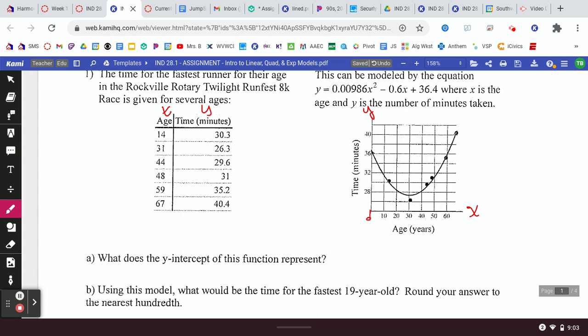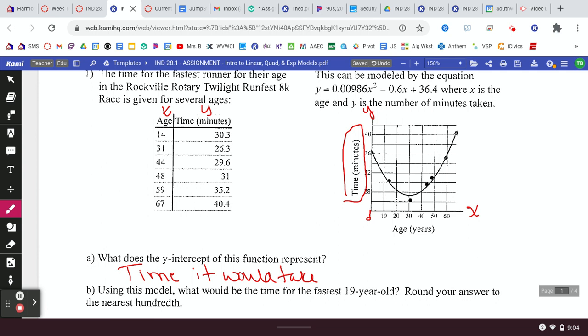So even though it's not a realistic answer, what the y-intercept represents here is the time it would take a newborn, right? A 0-aged person. If you want to put a newborn, if you want to put a 0-age person, it doesn't matter. But the y-intercept represents the time. We know y-intercept represents time because it says right here, y-intercept represents time.